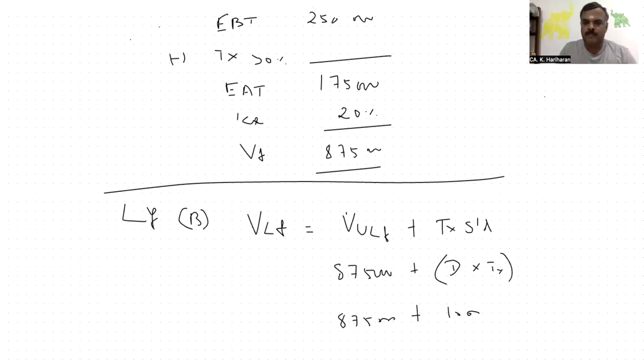So 3 lakhs plus 8,75,000 gives 11,75,000.